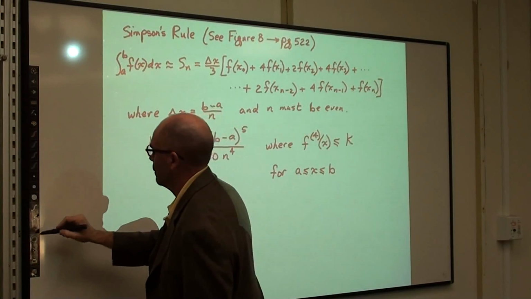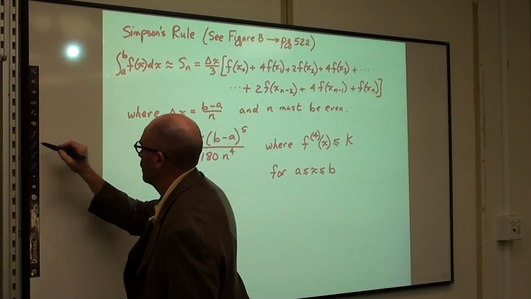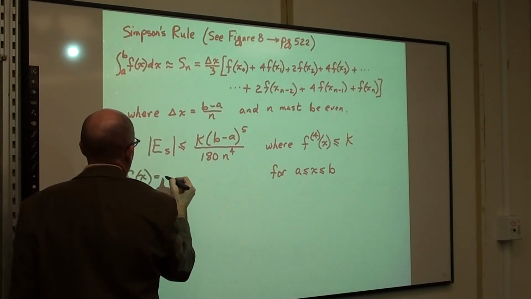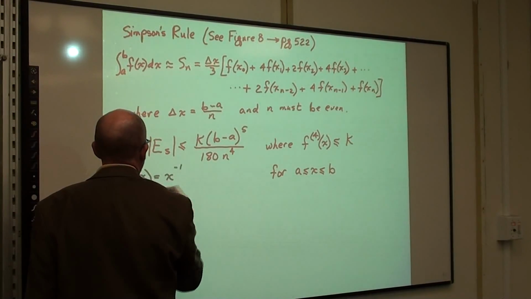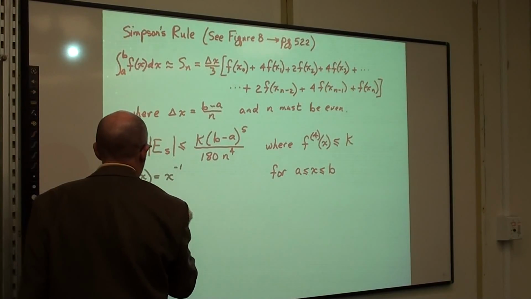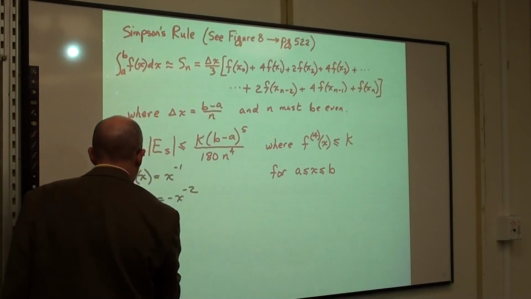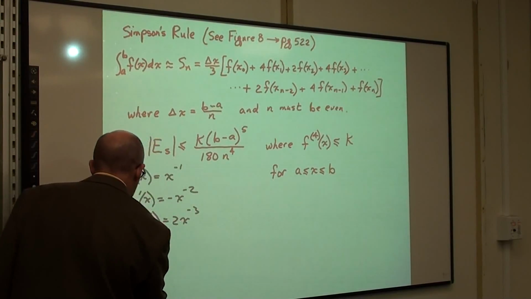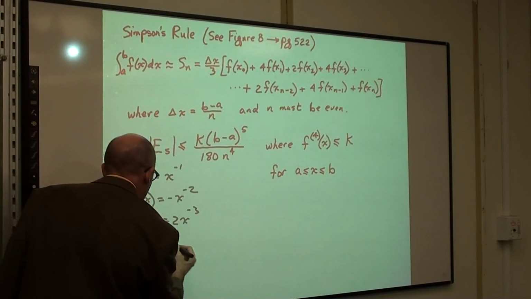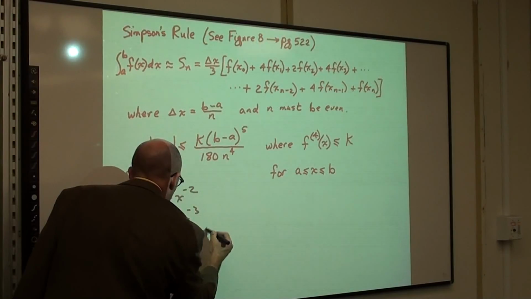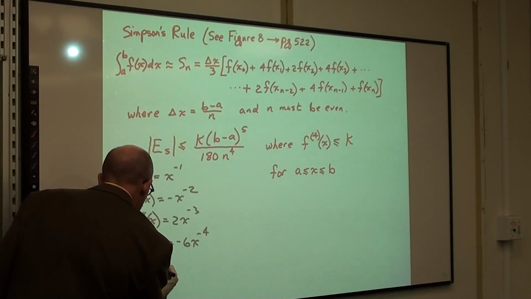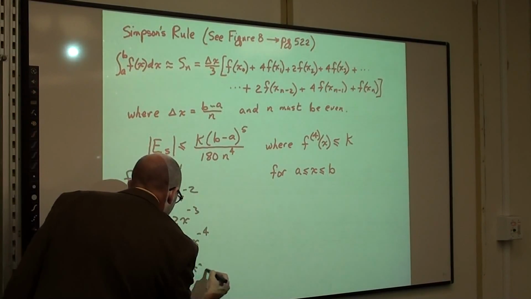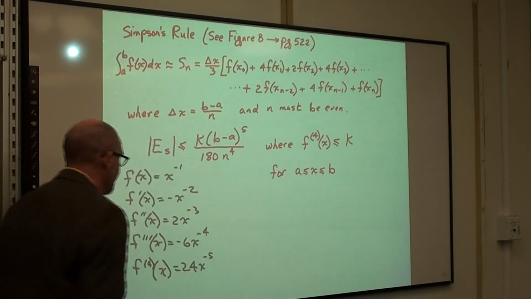So, f of x is x to the negative 1, f prime is negative x to the negative 2, f double prime is 2x to the negative 3, f triple prime is negative 6x to the negative 4, and the fourth derivative is going to be 24x to the negative 5.